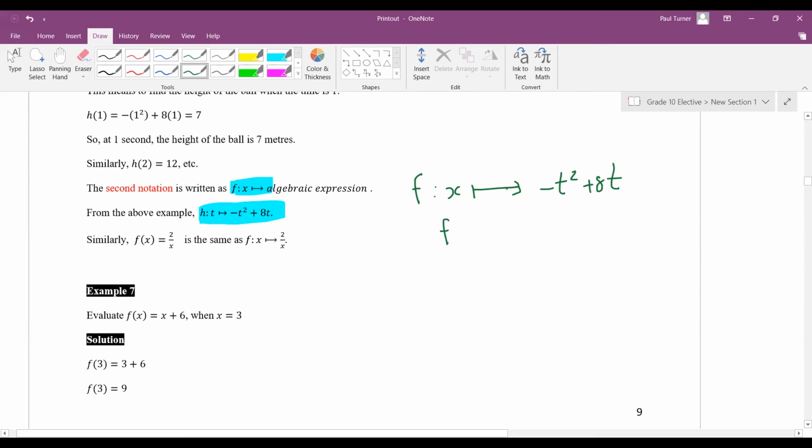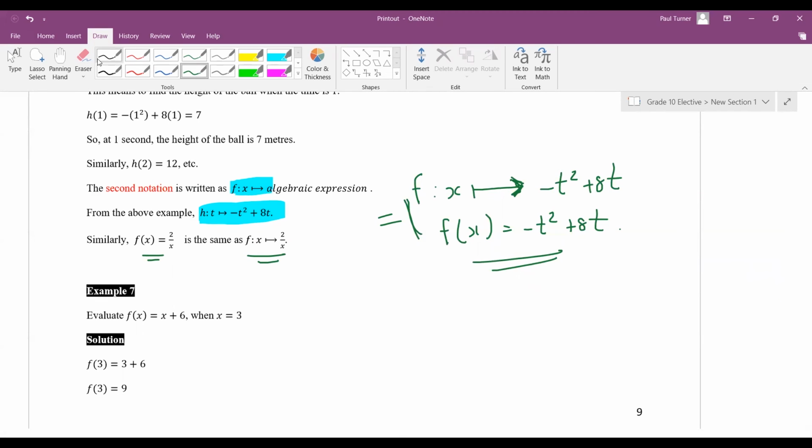I don't actually like that, and I usually forget it, so I usually just write it like this. It's the same thing. So these are equal. If you don't like this notation or you tend to forget how to write it, I will always write it like this. In your test, I don't care how you write it. Okay. So as an example, f(x) is 2 on x is the same as f: x arrow 2 on x. It means the same thing.